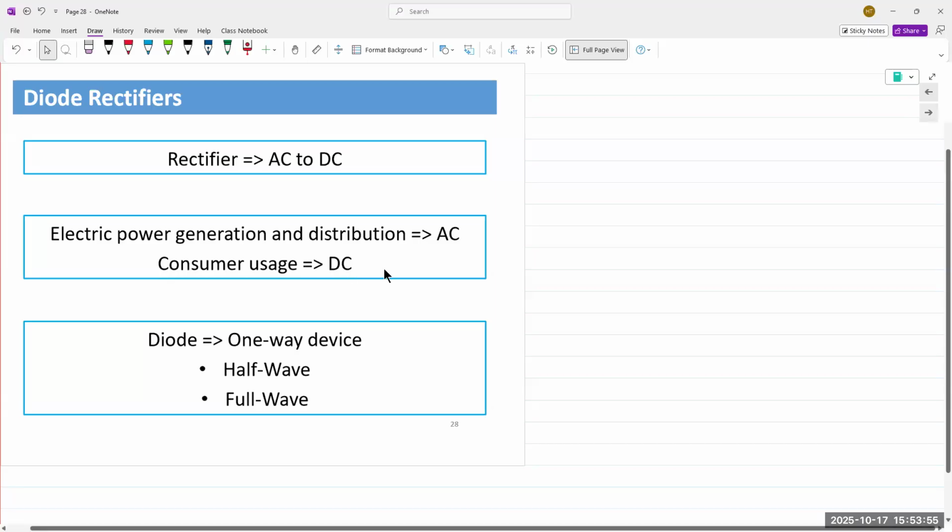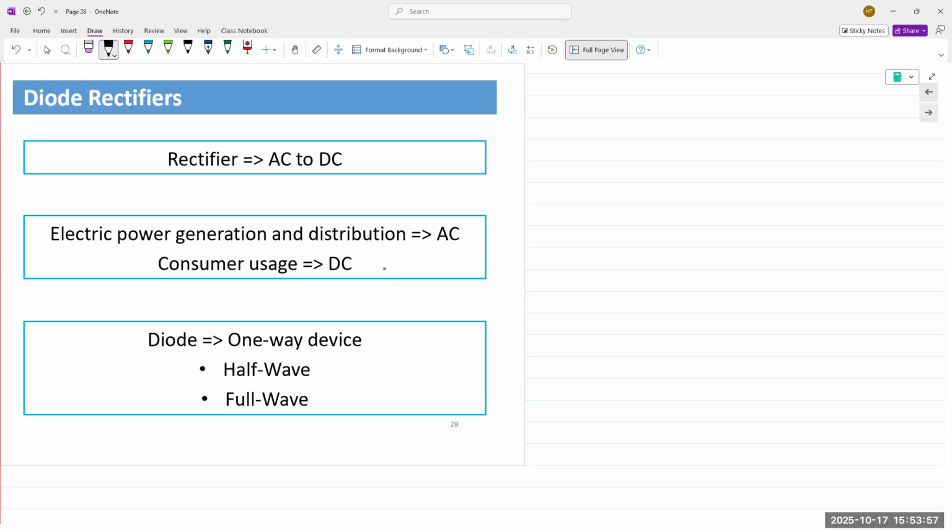Rectifier circuits are so called because they change, or rectify, the circuit from AC to DC. Almost every electronic device that we use in everyday life runs on DC. However, electrical power is generated and transmitted over long distances in the form of AC.